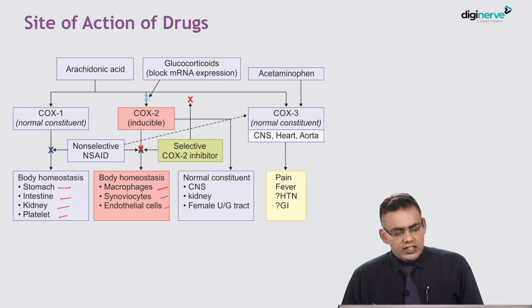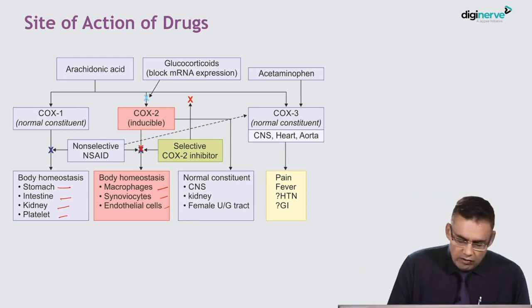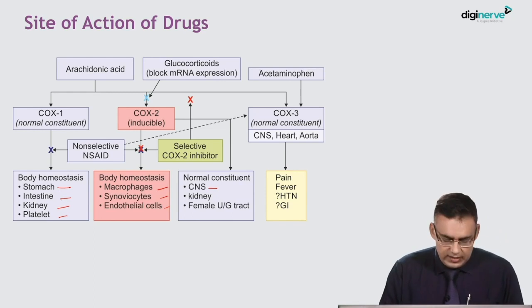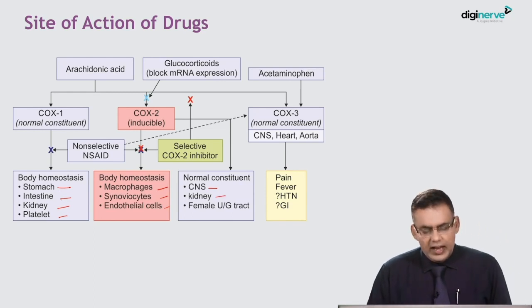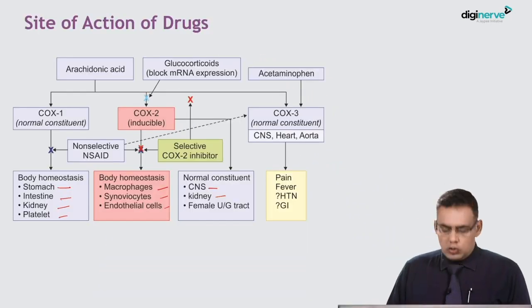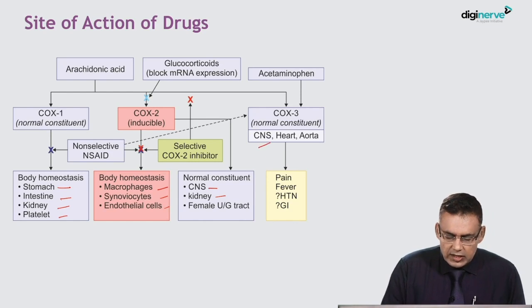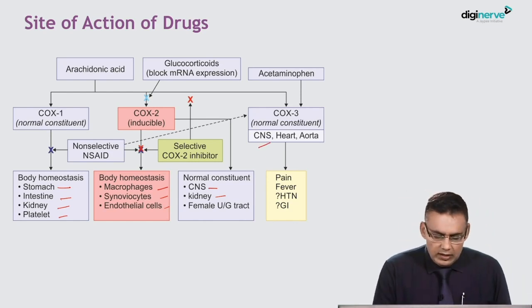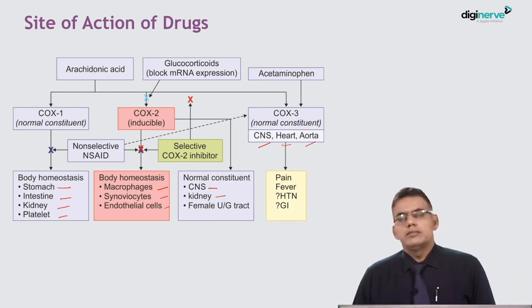In addition to this, cyclooxygenase 2 is also a normal constituent which is present in the CNS, in the kidney and female urinary tract. The cyclooxygenase 3 is also a normal constituent which is affecting the CNS, the heart and aorta.